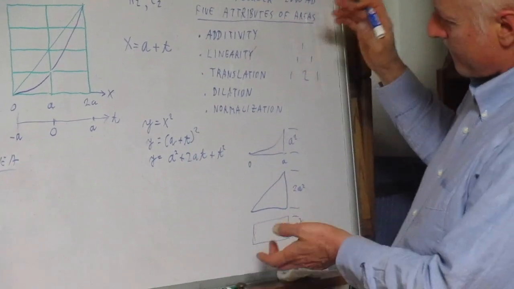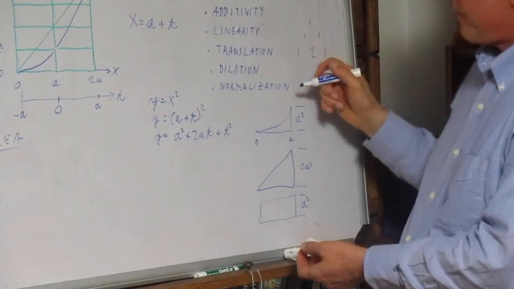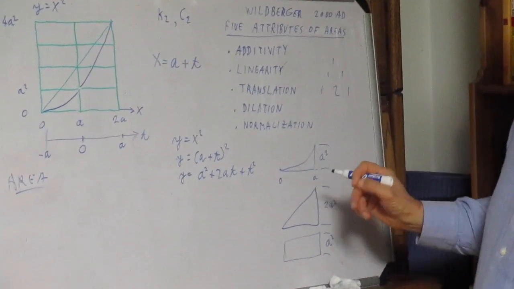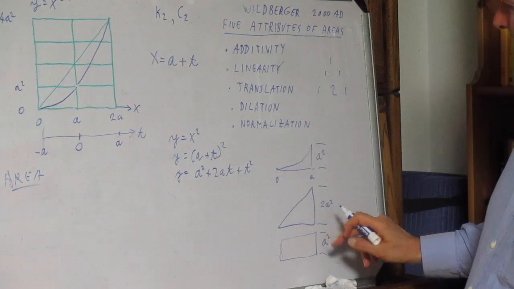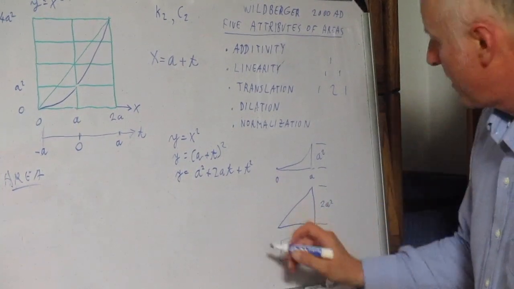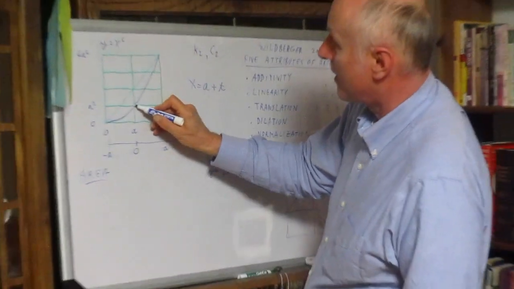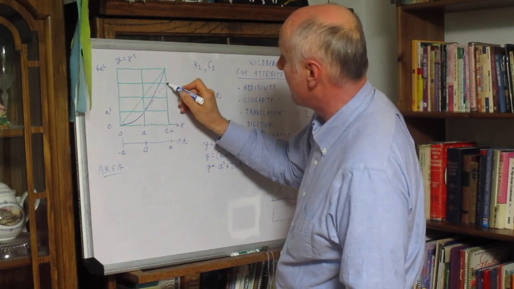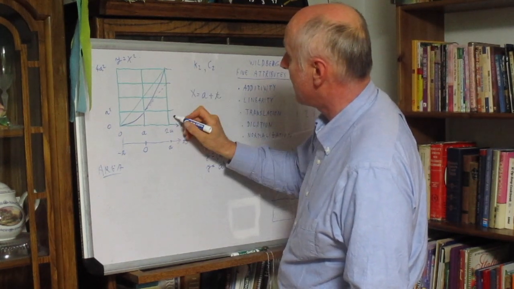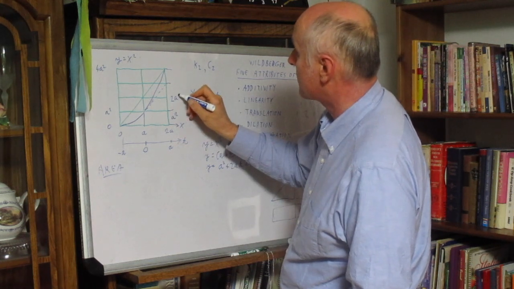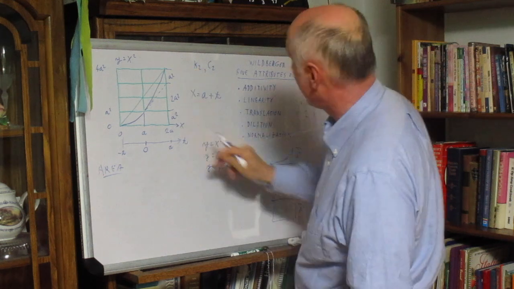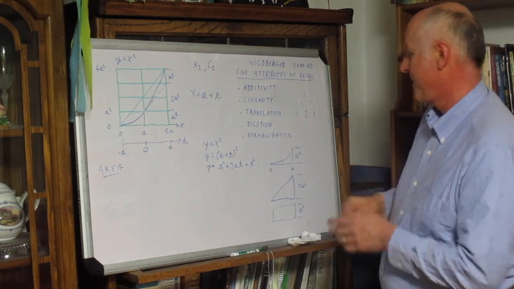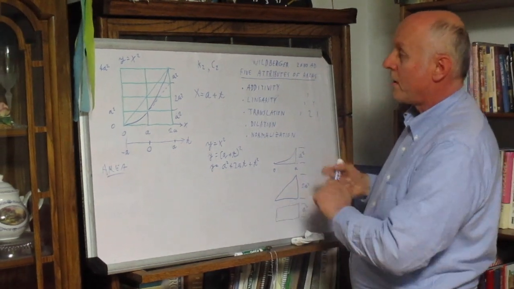And so what happens if I slam these things together? Okay? What happens is you get a shape that's going to look like this. Alright? Watch this. A squared, 2a squared, a squared. Look at these, and look at them carefully. Here's a squared.